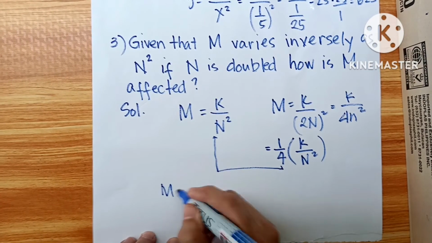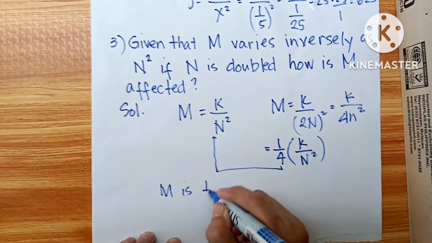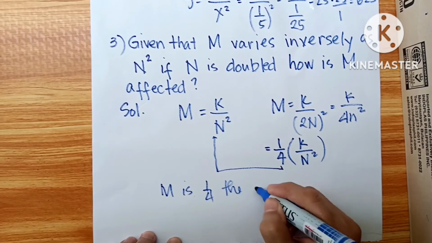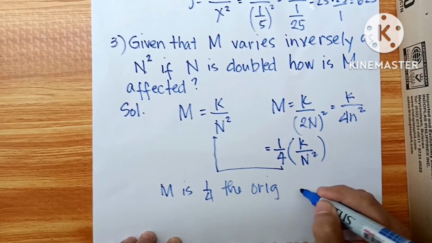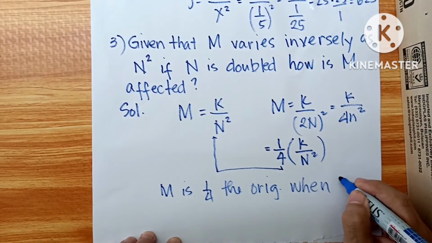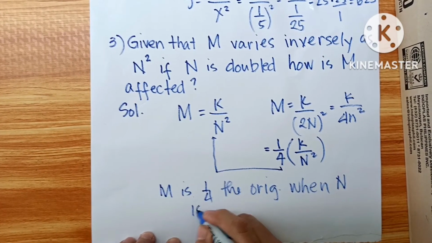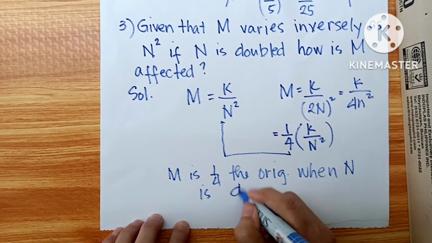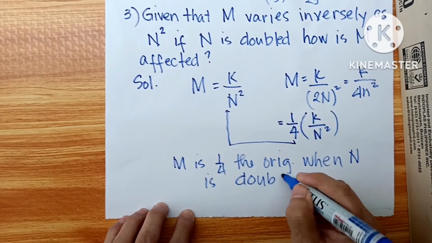So m is 1/4 of the original when n is doubled. That's it.